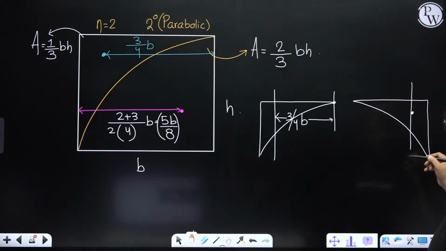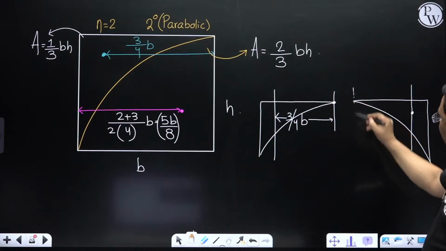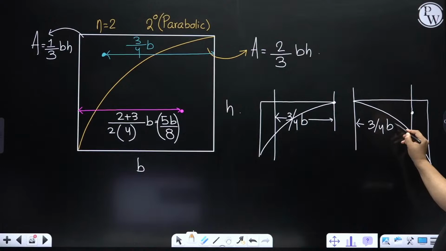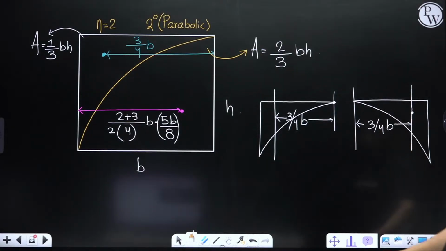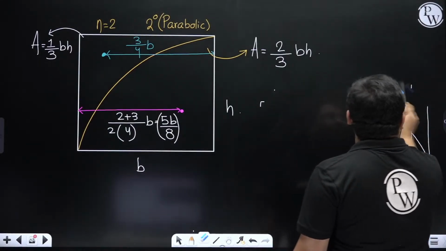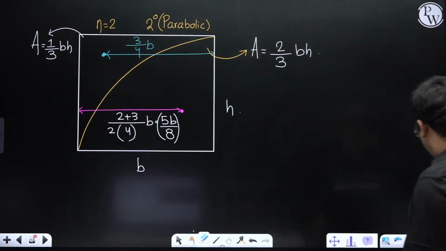By symmetry, we can say it's a mirror image, so from this end it will be the same, 3 by 4 into B. Able to relate these two diagrams? So it is 3 by 4 into base for a parabola.